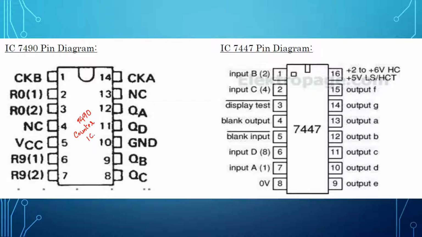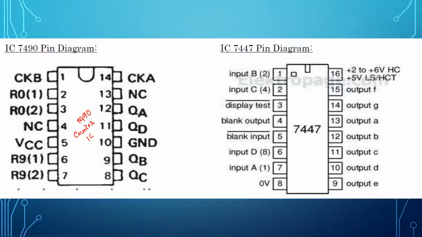In the counter IC, you can see clock input A, clock input B, and some reset pins, some no connections, outputs QA, QB, QC, and QD, 4 outputs, ground connection, no connection, VCC, R9, R9 and R2. These are all the inputs corresponding to that, which we will check when we actually rig up the circuit.